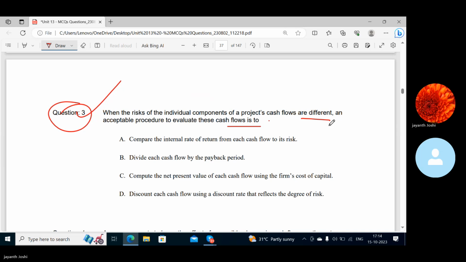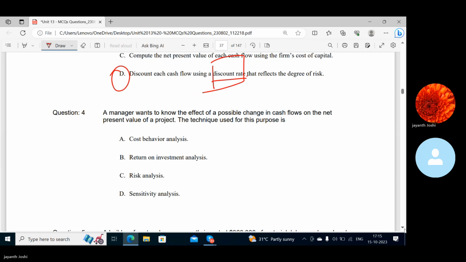So what we will do is consider all the kinds of risk and incorporate that in the discount rate: the liquidity risk, the solvency risk, the inflation risk, all the types of risk a project is exposed to will be incorporated in the discount rate. Shall I move forward? Next question.